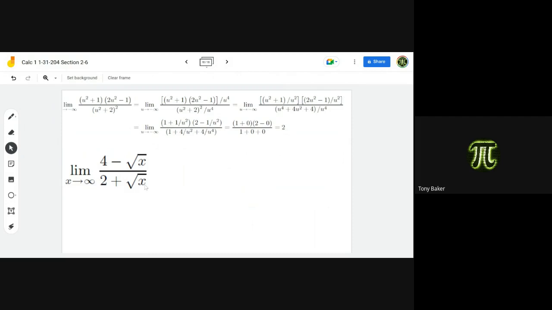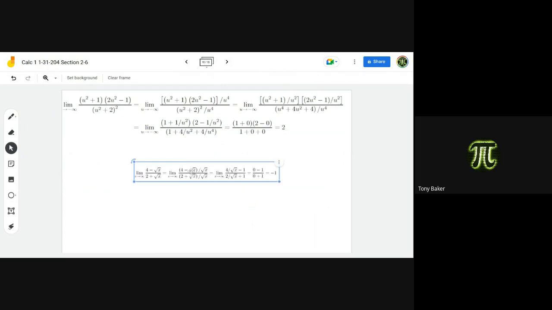What's the degree of the bottom? So this just goes to negative 1. Really? There we go.